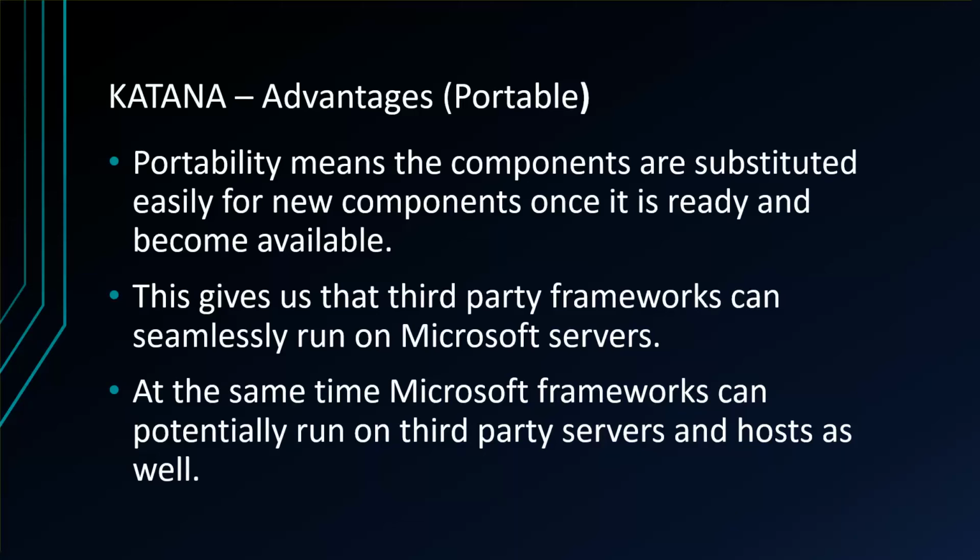If there are changes to any one of the components, we can update dynamically without completely replacing the system. This gives us third-party frameworks that can seamlessly run on Microsoft servers. At the same time, Microsoft frameworks can potentially run on third-party servers and hosts as well.